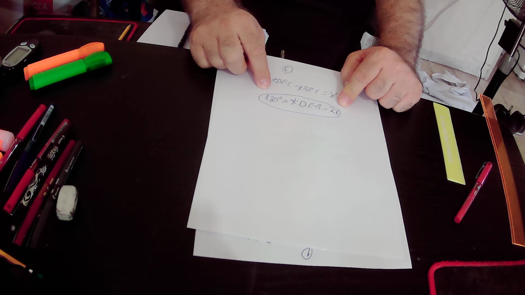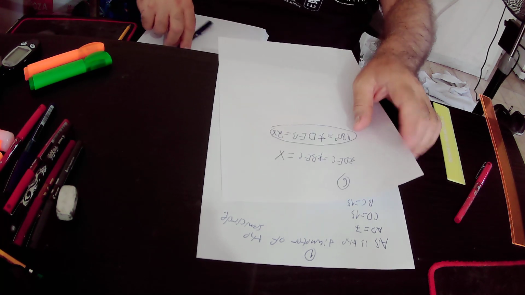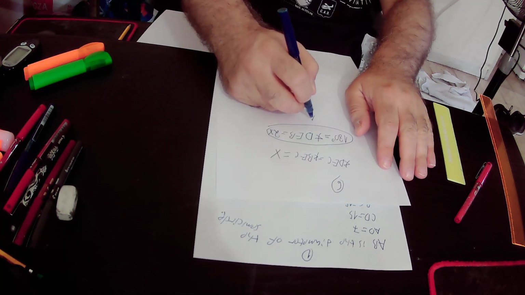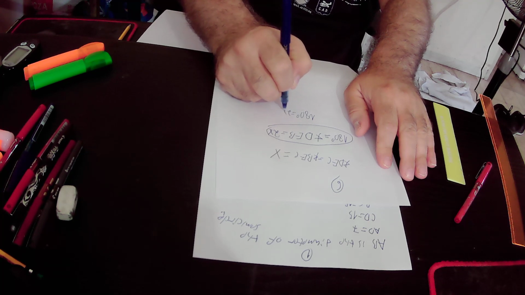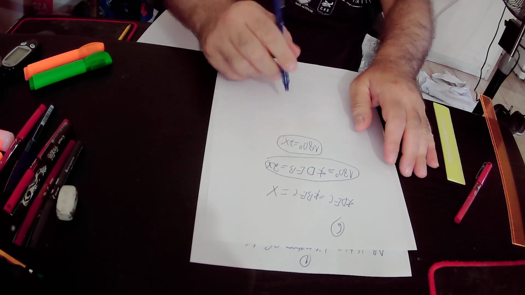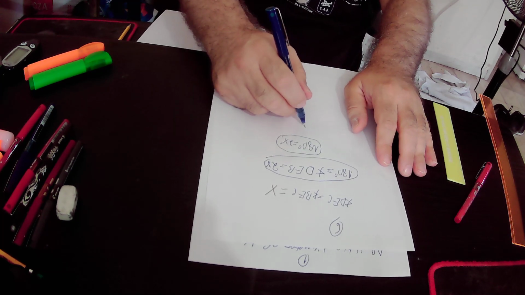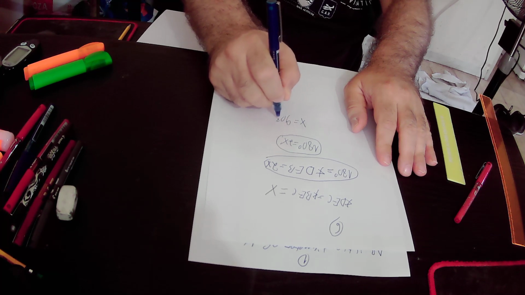So from this equality, we can deduce that 2x equals 180 degrees. Here we can divide this equality by 2, and we will get that x equals 90 degrees.